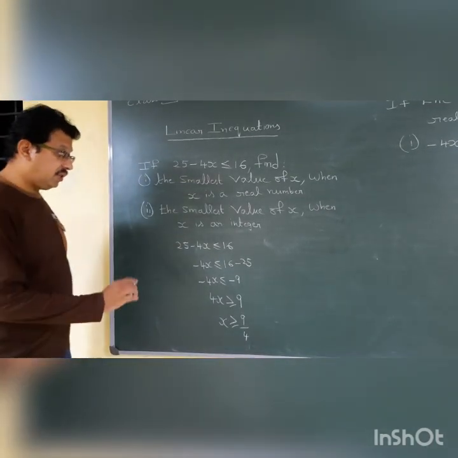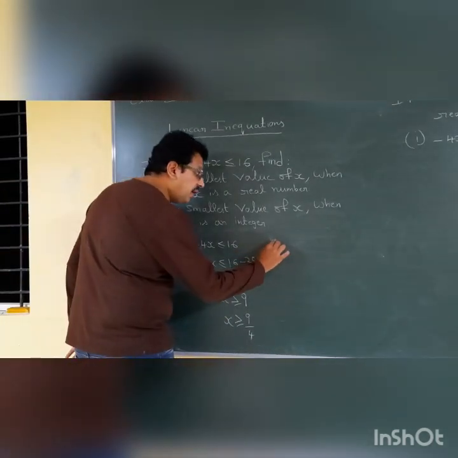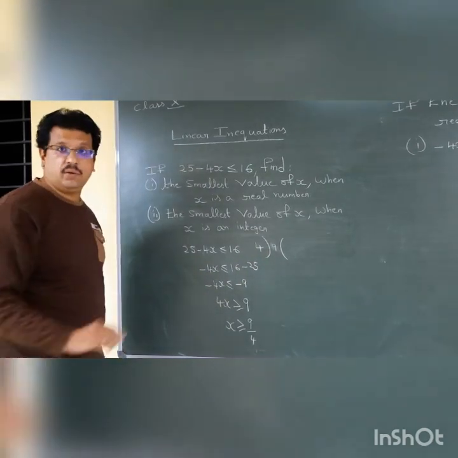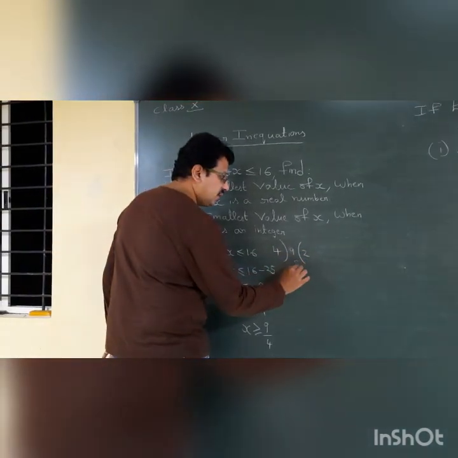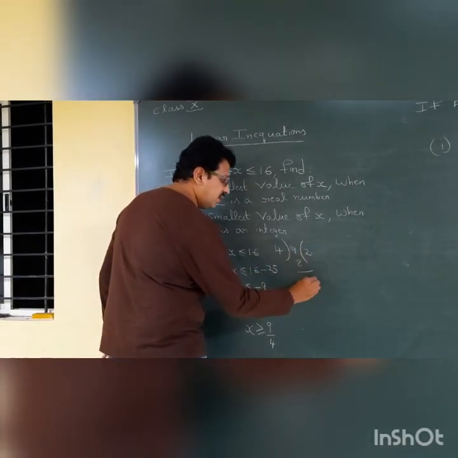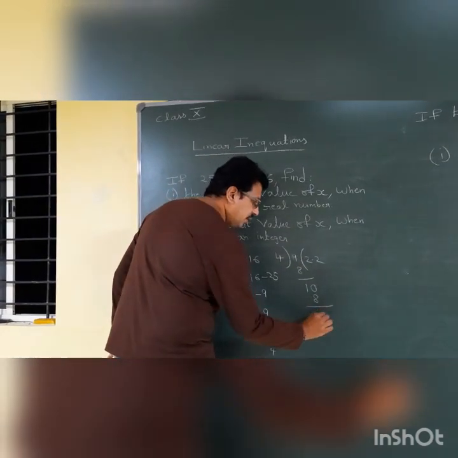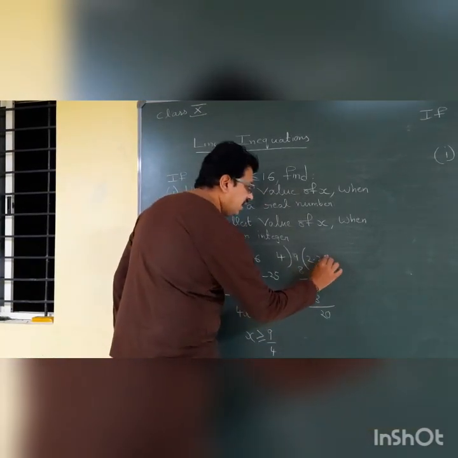So children, I am saying that if you are not clear about 9 by 4, it's better you divide in the working column like this. Sometimes you write directly, I know that, but it's better to divide and see. 4 2s are 8 and 1 remains, put a point here, and you will get 0. 4 2s are 8, again 2 is remaining and it becomes 20, 4 5s are 20.